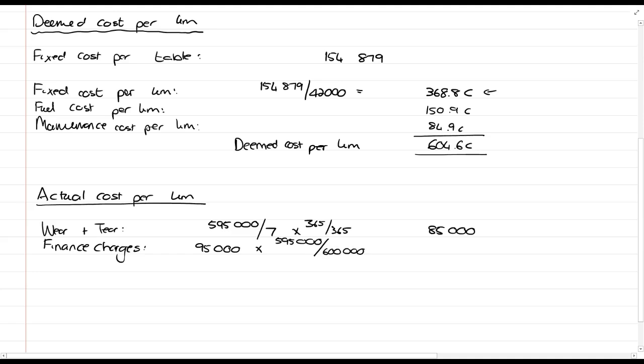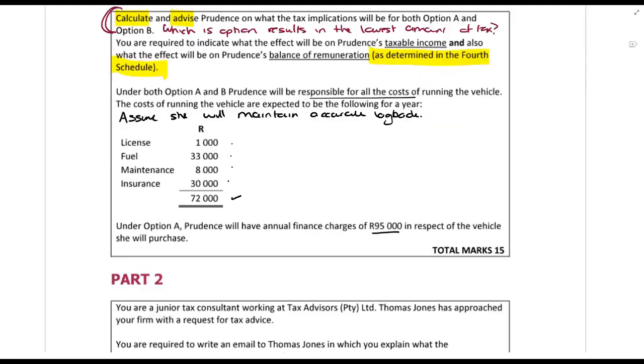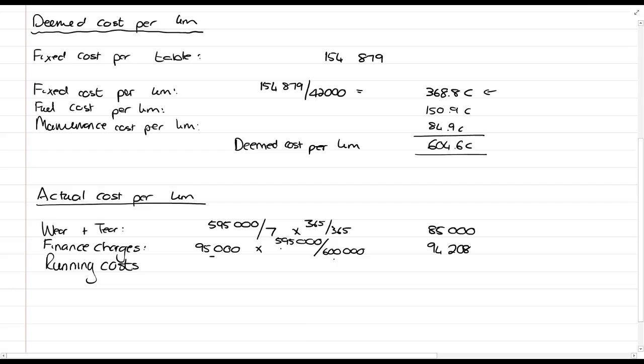So we say 595 out of 600,000, that portion of the interest is allowed. And then the running costs, which is the 72,000 there. Okay, so we add all of this up. 251,208.